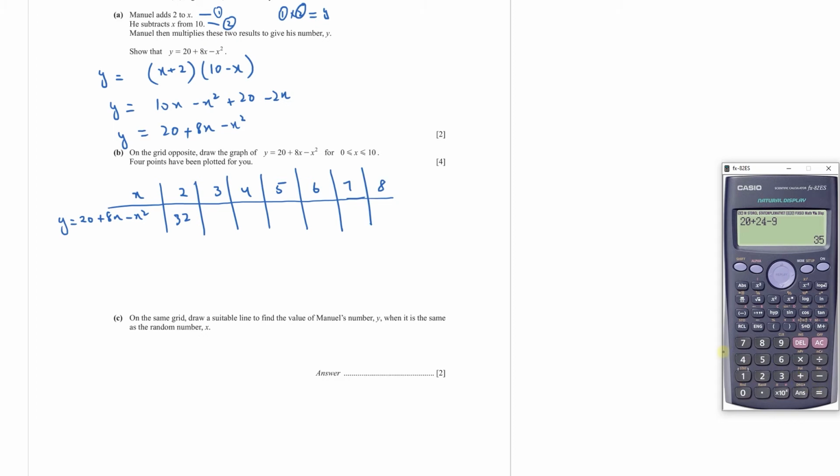This will be 35. And then the next one will be 20 plus 8 times 4 is 32, minus 16. This is 36. Then 20 plus 8 times 5 is 40, minus 25. This is again 35.